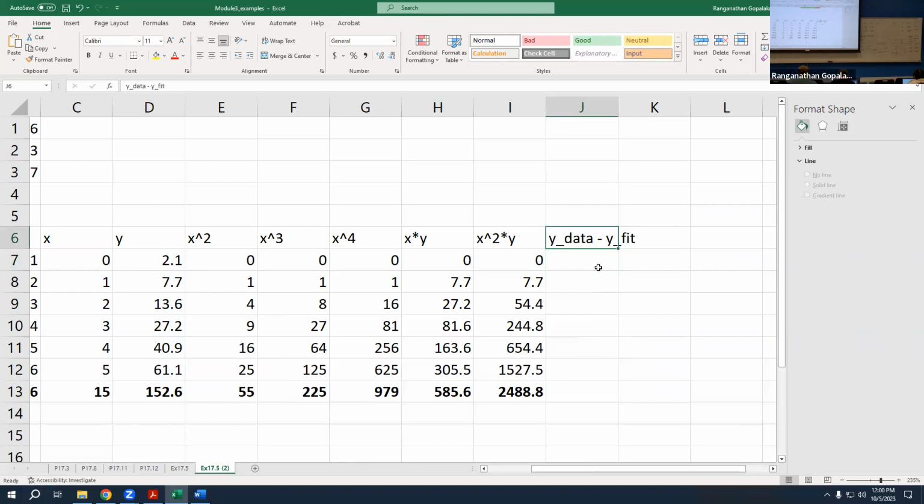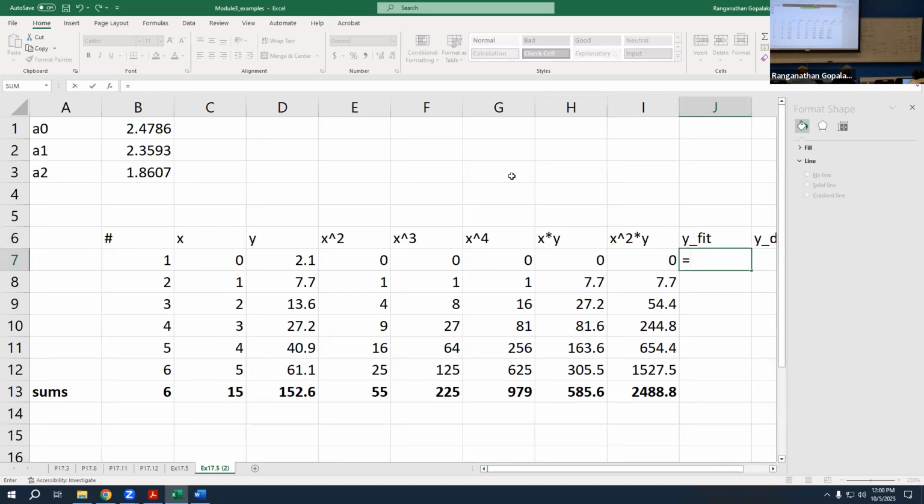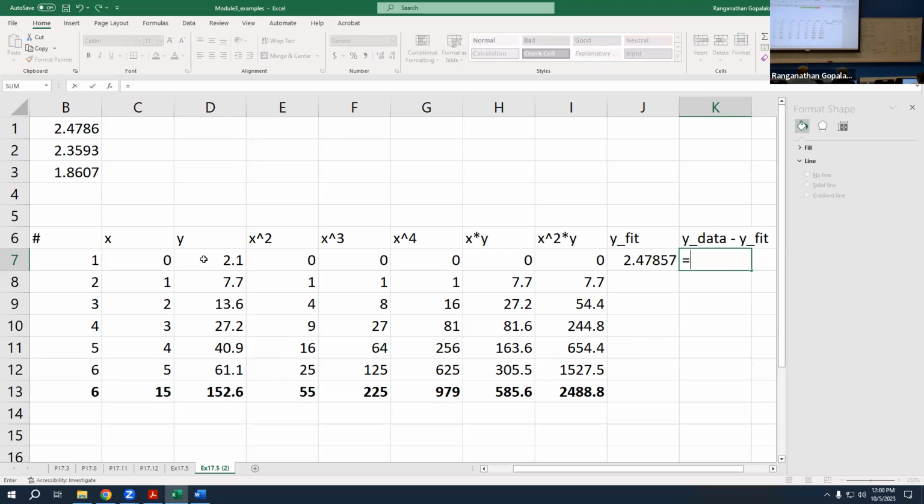How do you calculate Y fit? If you want to do the calculation of the fit values, you would write A naught plus A1 times X value plus A2 times X squared. That's the idea of the fit, to put in the values of the fit constants and the X value so that you can reproduce the Y value. And what is Y fit minus Y data, or Y data minus Y fit?